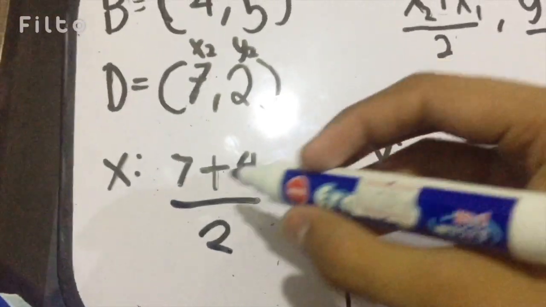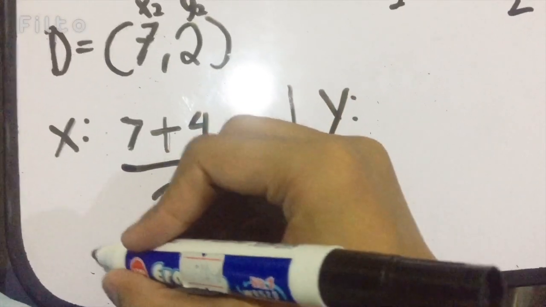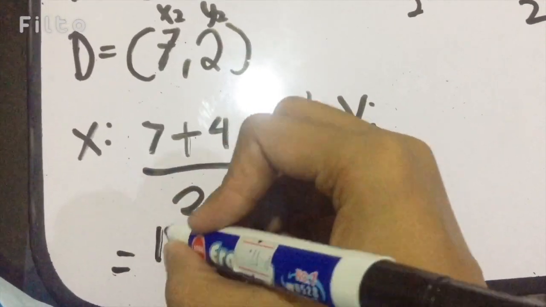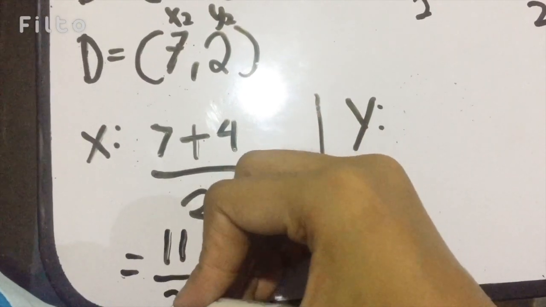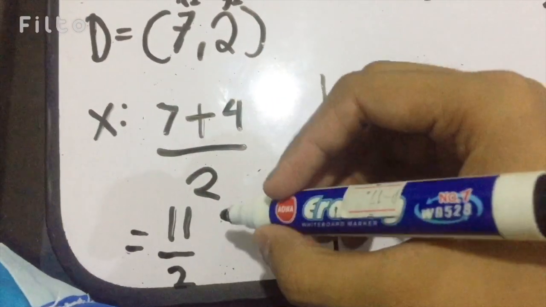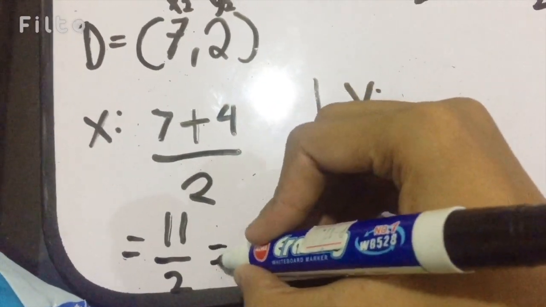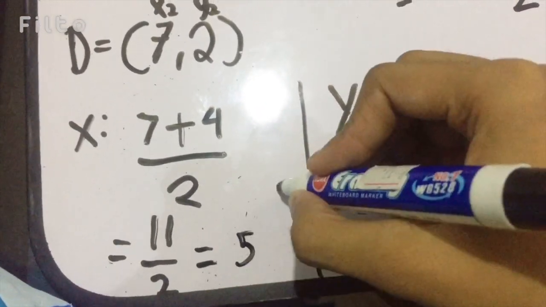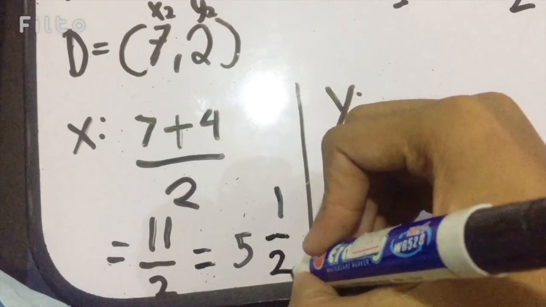Then we will continue the solution. 7 plus 4 is 11 over 2. If we simplify this, it will become 5 and 1/2. And 5 and 1/2 will be the answer for this midpoint.